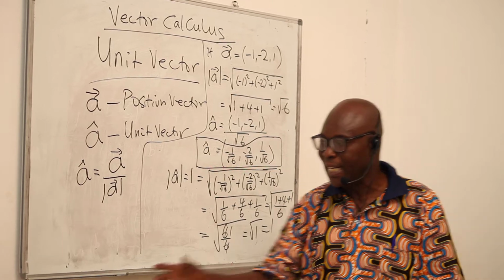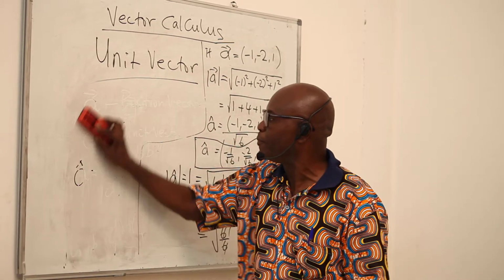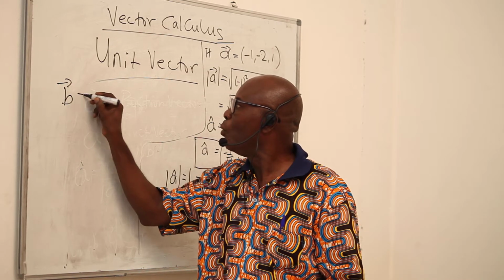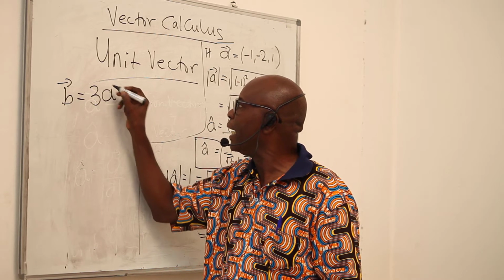So we can define another vector. Let's say, find another vector B, which is 3 times the vector A.